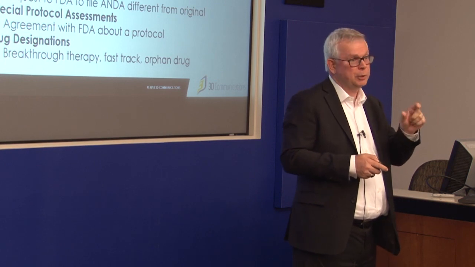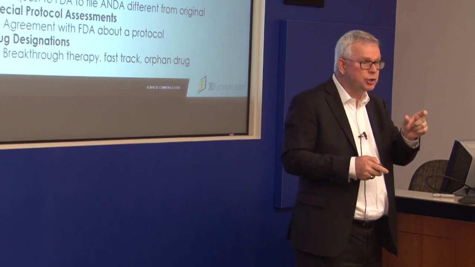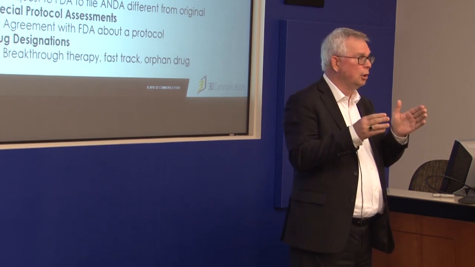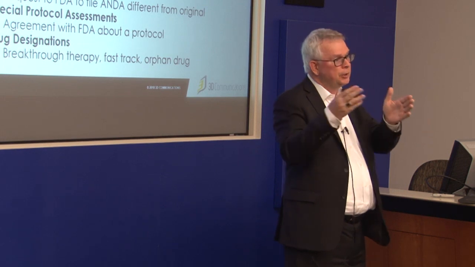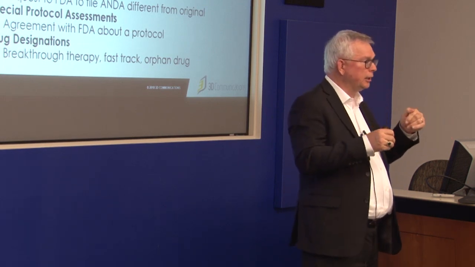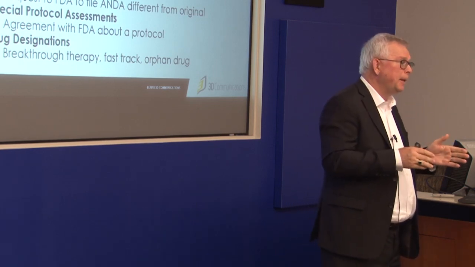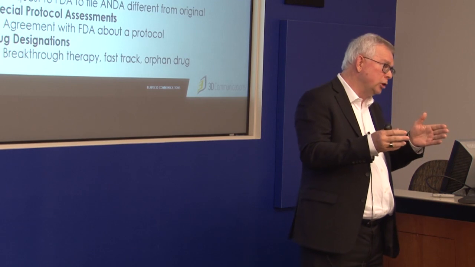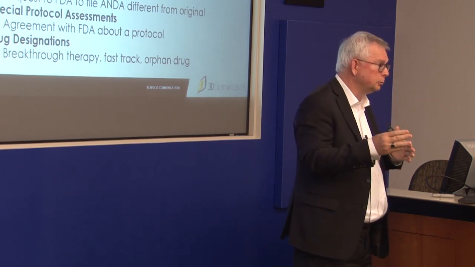With a SPA, the FDA usually agrees that if your trial fulfills what you set out to do, you can get approval with that. It's a bit tricky, because the interpretation of whether you fulfilled all the needs of the SPA is usually a disputed thing between the FDA and the sponsor.